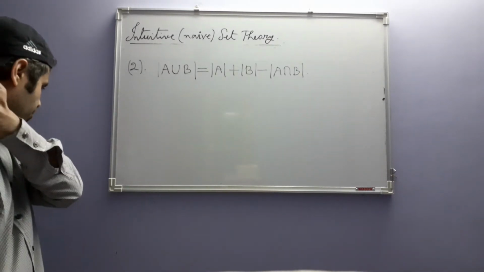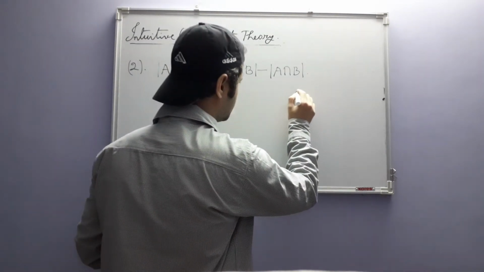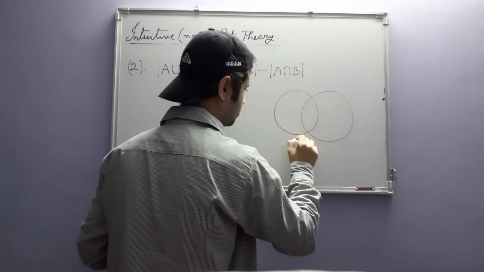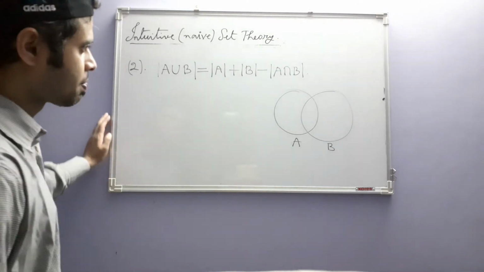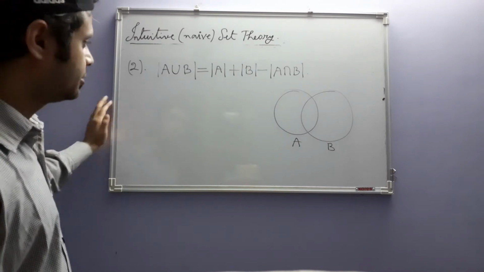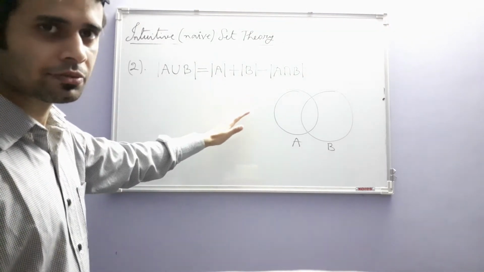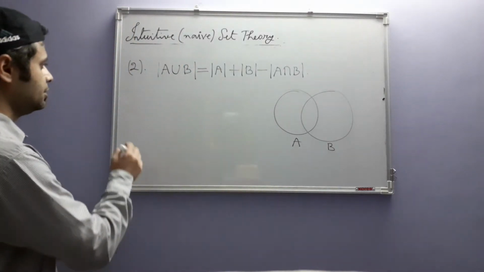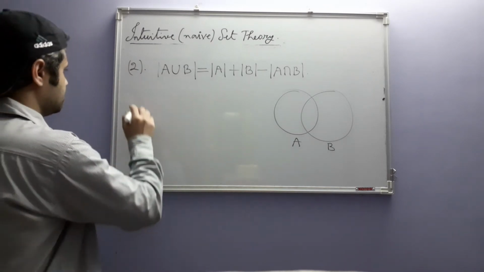Okay, now the thing is like this. This is A, this is B. So we need some set theoretic identities, or properties of sets, to prove this. And the things we need are these.